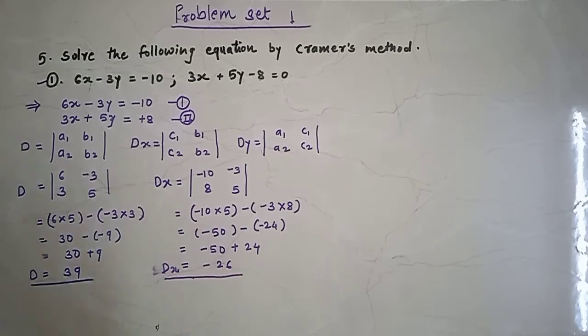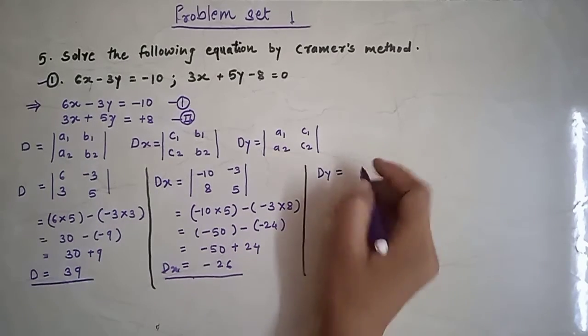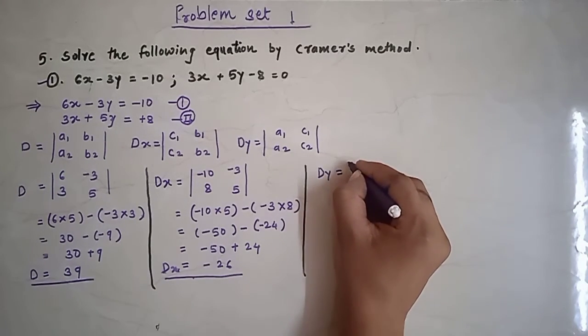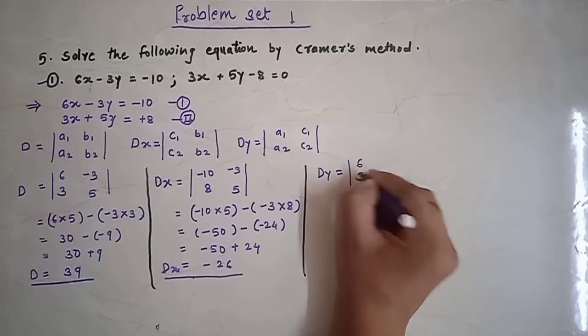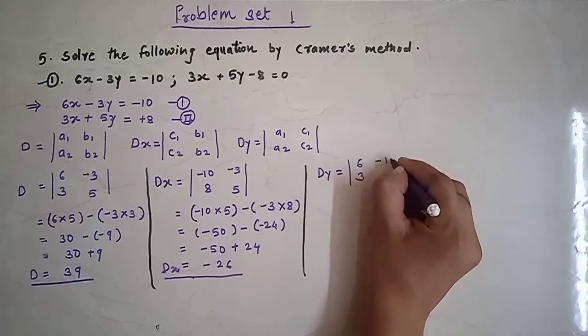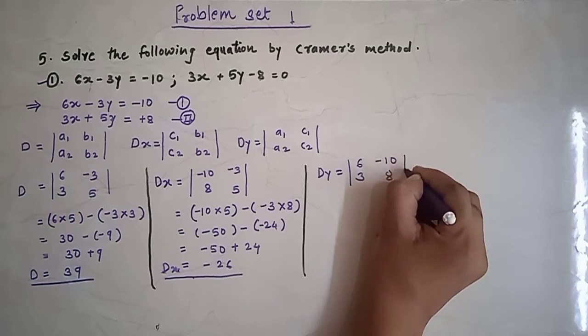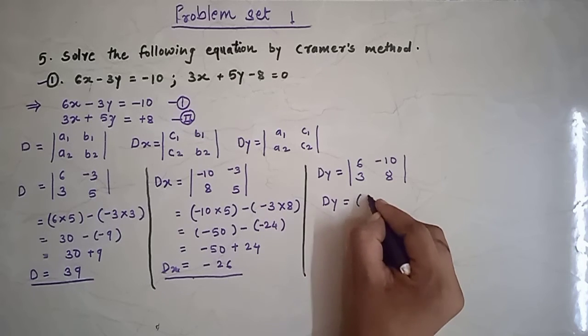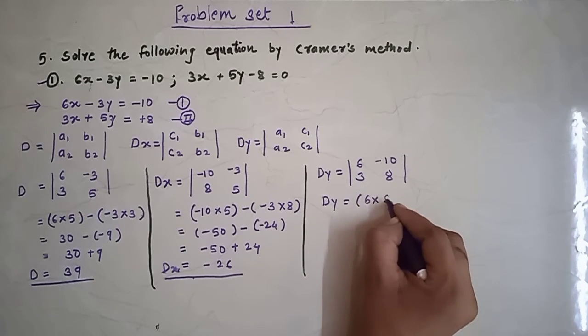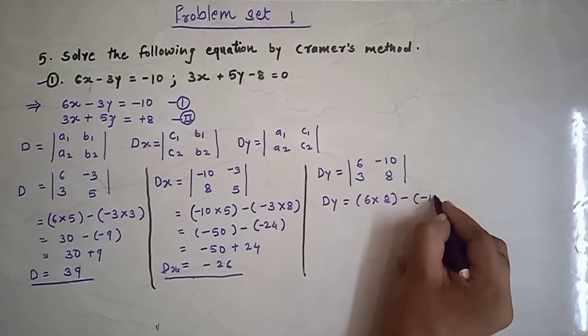Now the next, find out D of y. Write down the determinant here: a1 a2 as it is, 6 and 3, and c1 c2, which is minus 10 and 8. So solve this. Dy is equal to 6 into 8 minus minus 10 into 3.